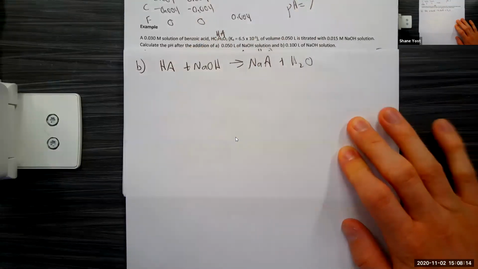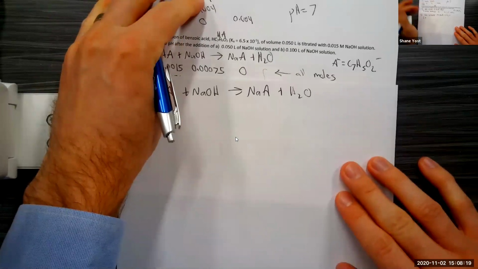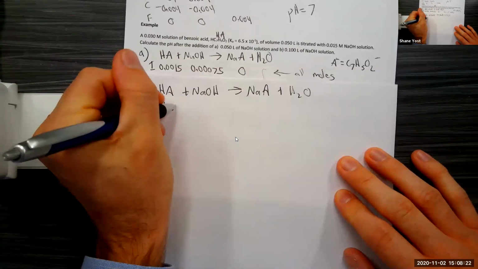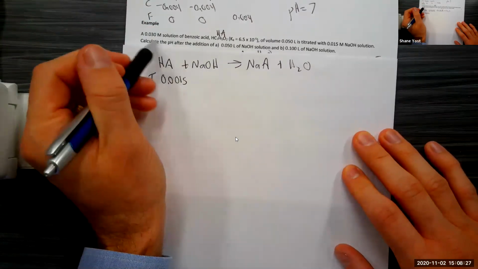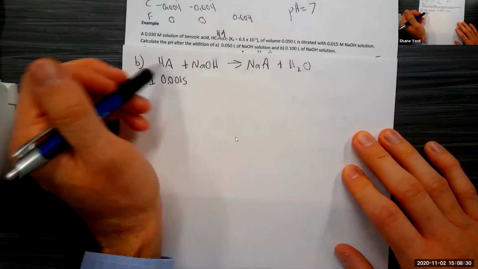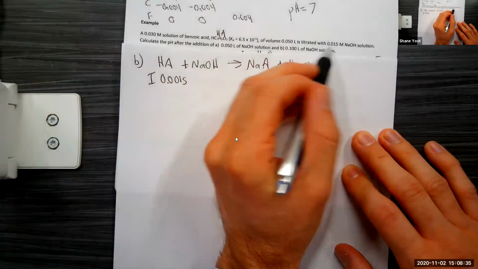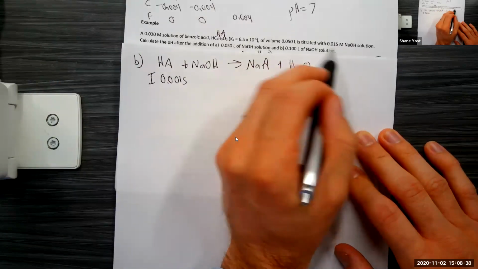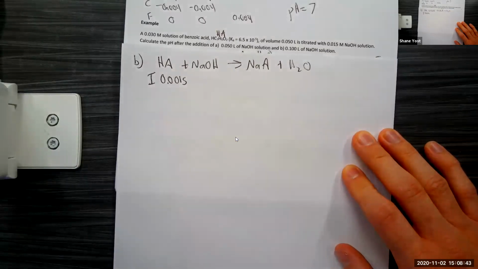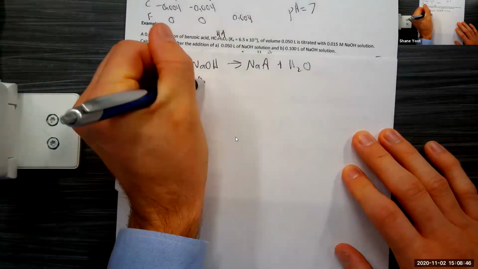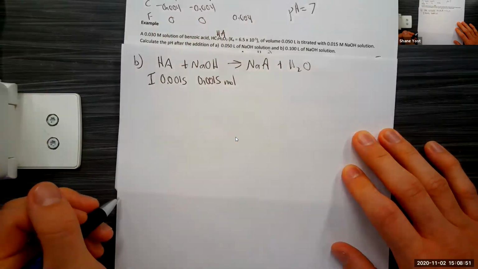But now my initial concentration, if we recall, was 0.0015, which I get by taking the initial number of moles of HA, the concentration of HA times its volume. Now I'm going to do the same thing for NaOH, take its concentration of 0.015 times its volume of 0.1, and that is going to give me 0.0015 moles of NaOH.